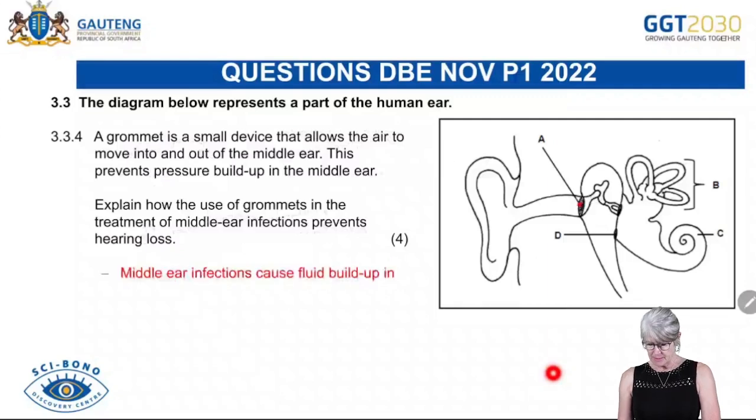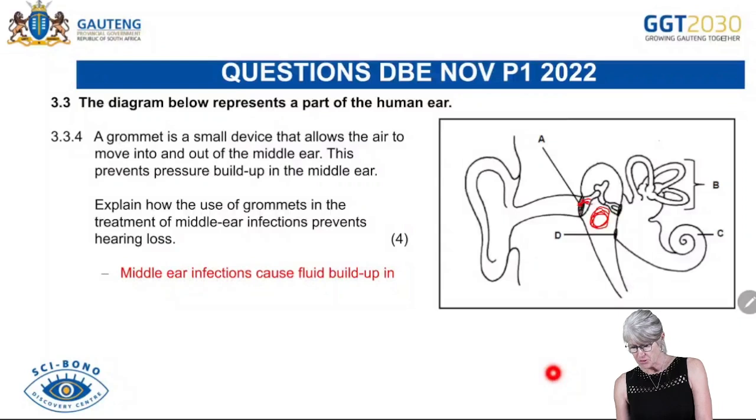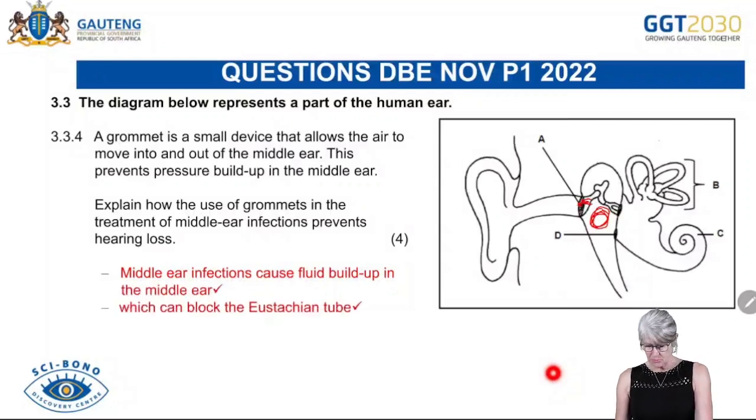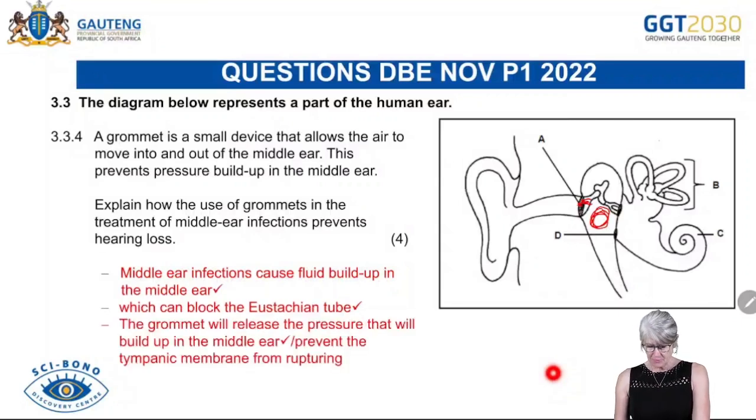So what happens is, as soon as we've got a middle ear infection, it causes fluid build up. So we get fluid to build up here, and that causes pressure from inside, and that's going to affect the pressure against the eardrum, and it can actually cause it to rupture. Remember, the eustachian tube is going to equalize the pressure, and so it prevents that from happening.